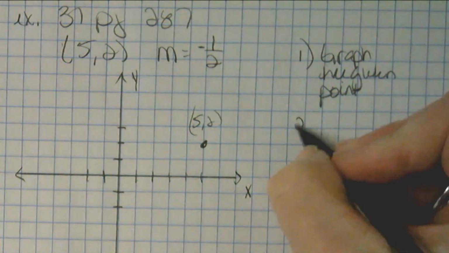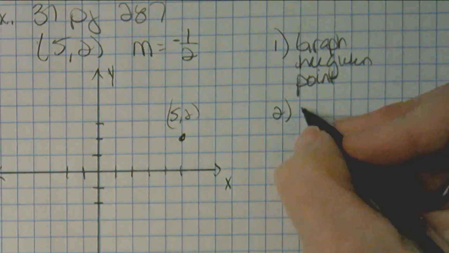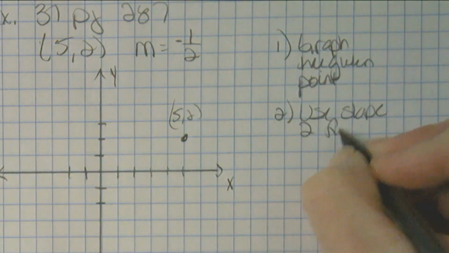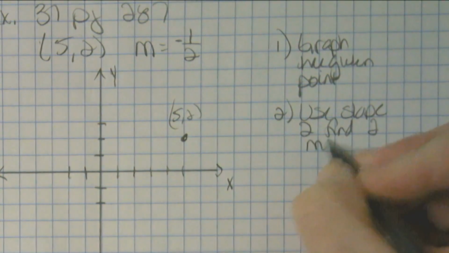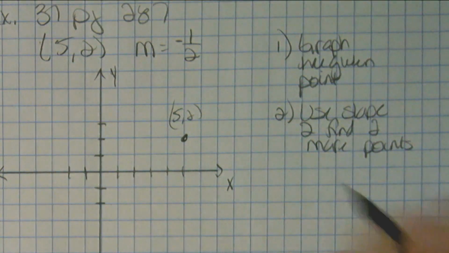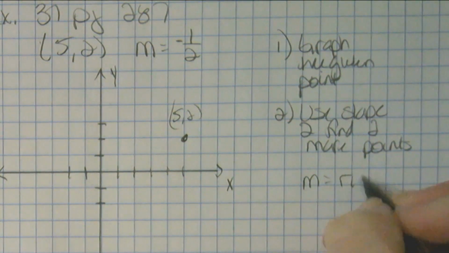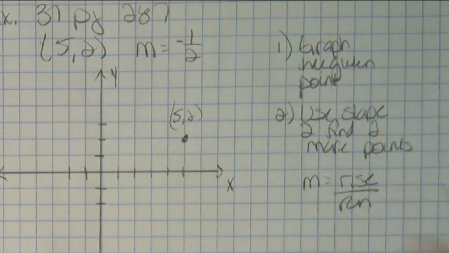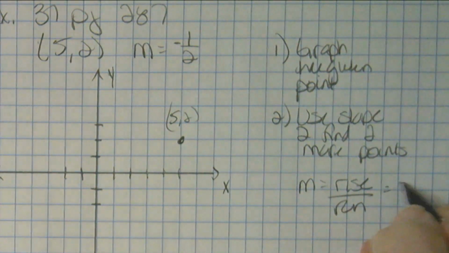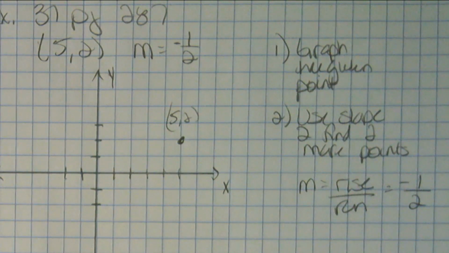The next thing you're going to do is use the slope to find 2 more points. Remember, your slope is rise over run. So for us here, it's negative 1 over 2.